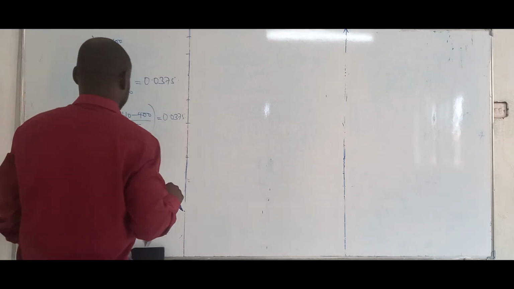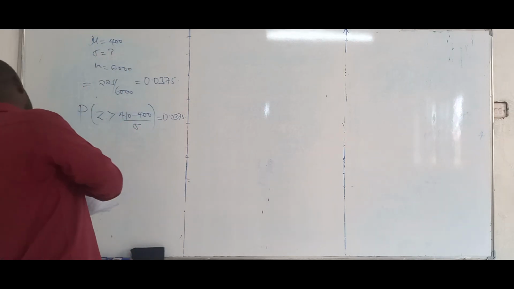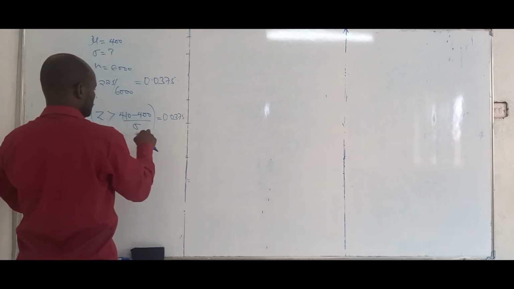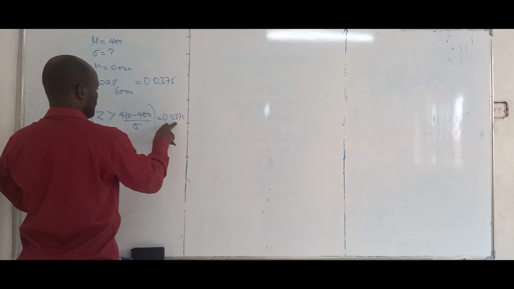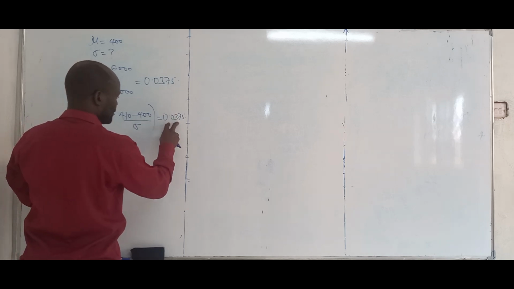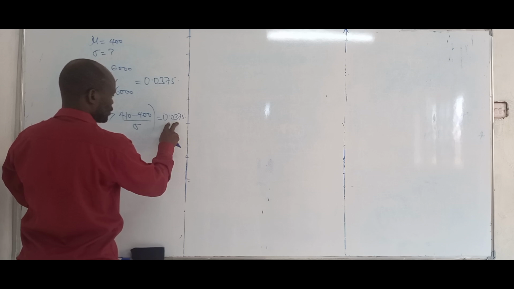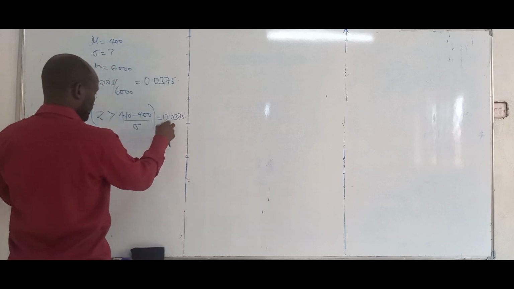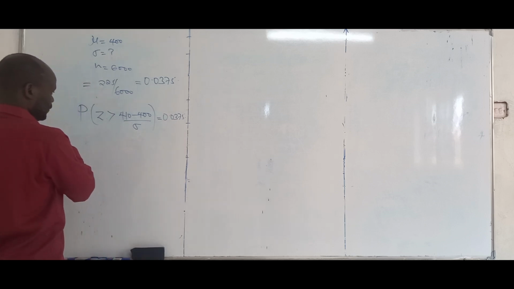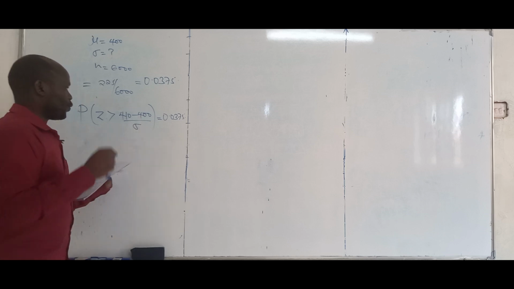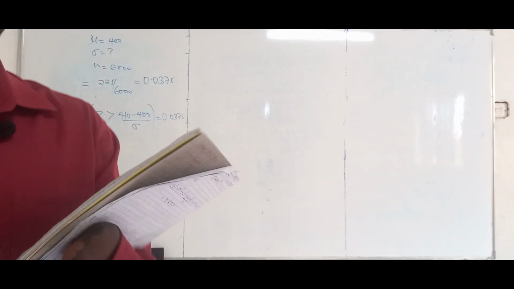So in effect, we can then find the Z value that corresponds to this in our table. We'll locate this in the body of our standard normal distribution table, and then cross-check the corresponding Z value and equate it to this in order to get the standard deviation.